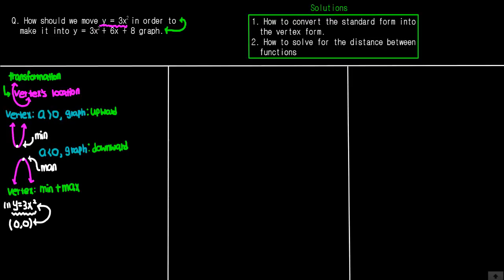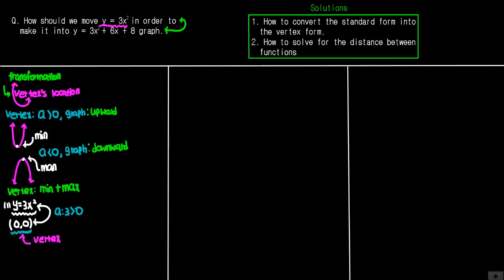But in this case, the a value, which is 3, is obviously greater than 0, which means (0, 0) is the minimum point of our function.